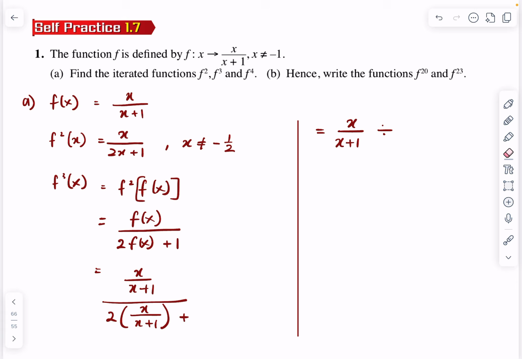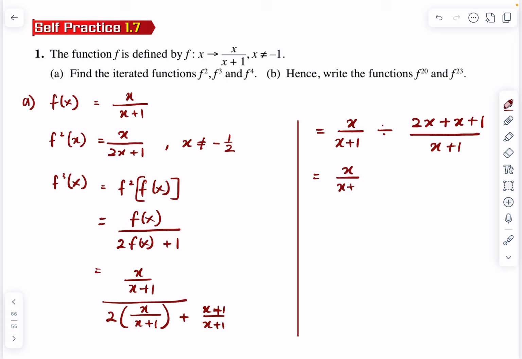This is 1, so we can make this x plus 1 over x plus 1. So we get 2x plus x plus 1 over x plus 1.